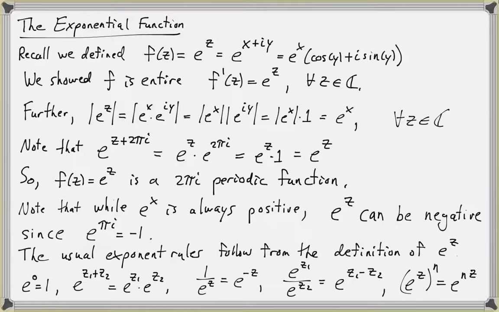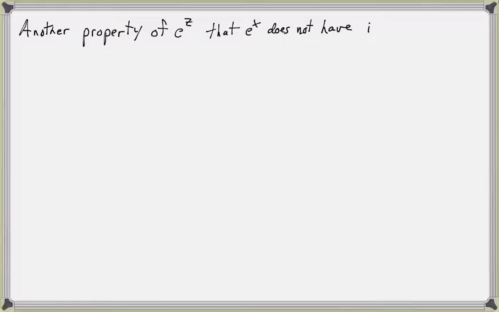Another property of e to the z that e to the x does not have is that the function e to the z takes on every complex value except for 0. That is, the equation e to the z equals w is solvable for all w not equal to 0.